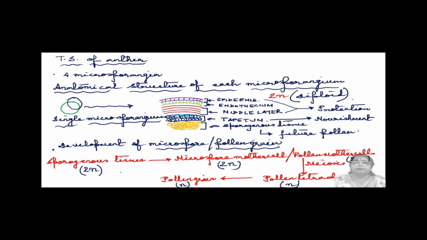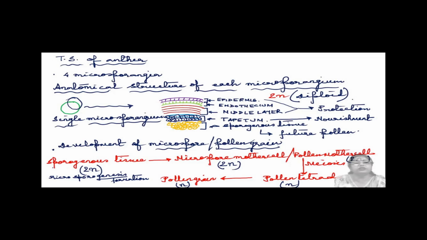So this whole process is called what? Microsporogenesis. Genesis means formation. So what is formed? Microspore formed by meiotic division.